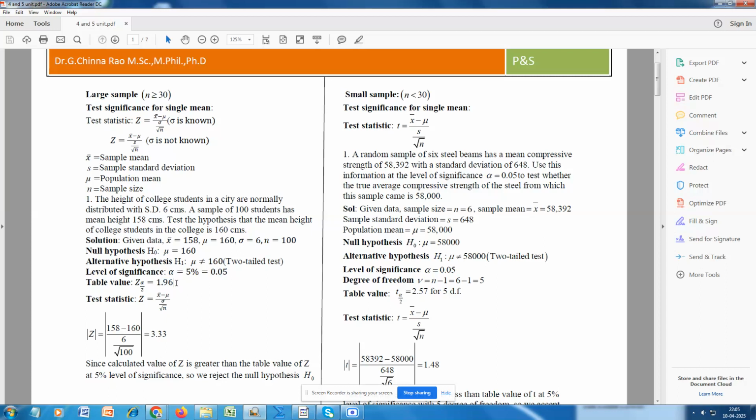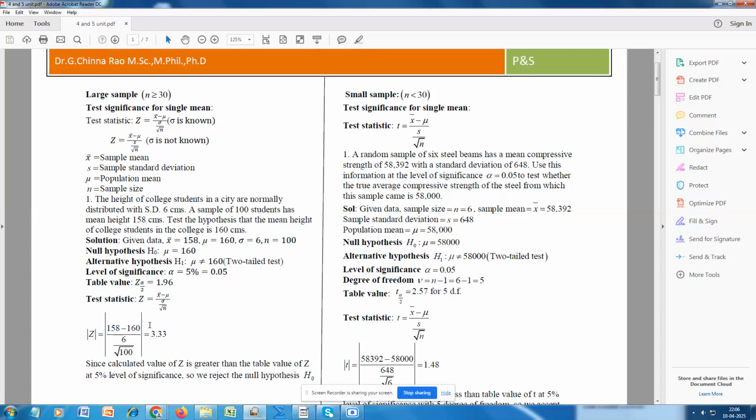You have to remember this. The test statistic for a large sample for a single mean is z equal to x bar minus mu divided by sigma by root n. Now calculate this. Here x bar is 158, mu is 160, sigma is 6 and n is 100.